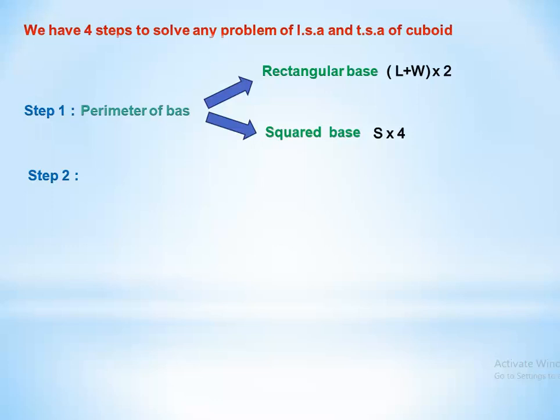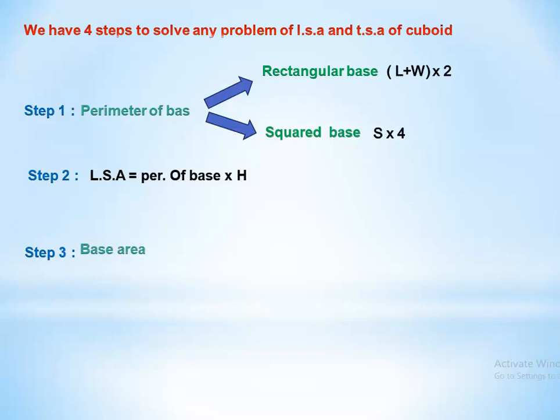Step 2, after calculating the perimeter of the base, we calculate the lateral area. Lateral area equals perimeter of base by height. So step 1, perimeter of base: for a rectangular base, length plus width by 2; for a squared base, side by 4. Step 2, LSA equals perimeter of base by height.